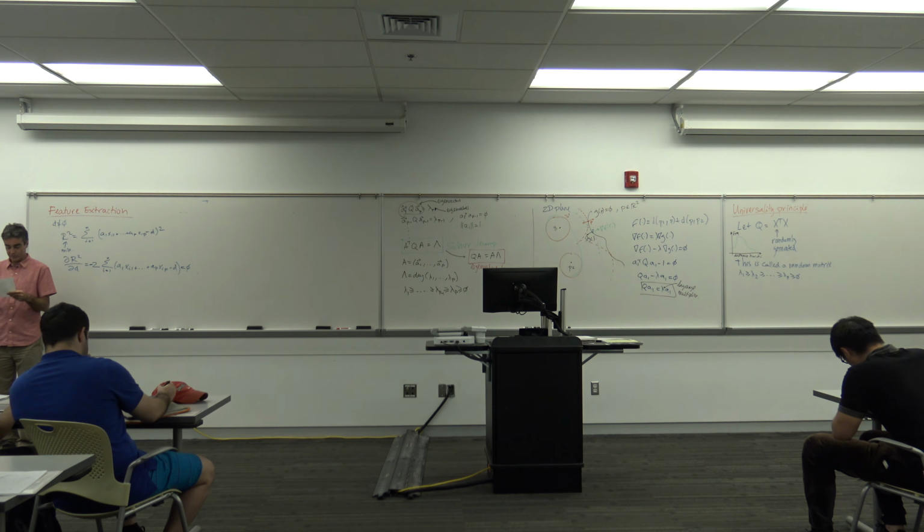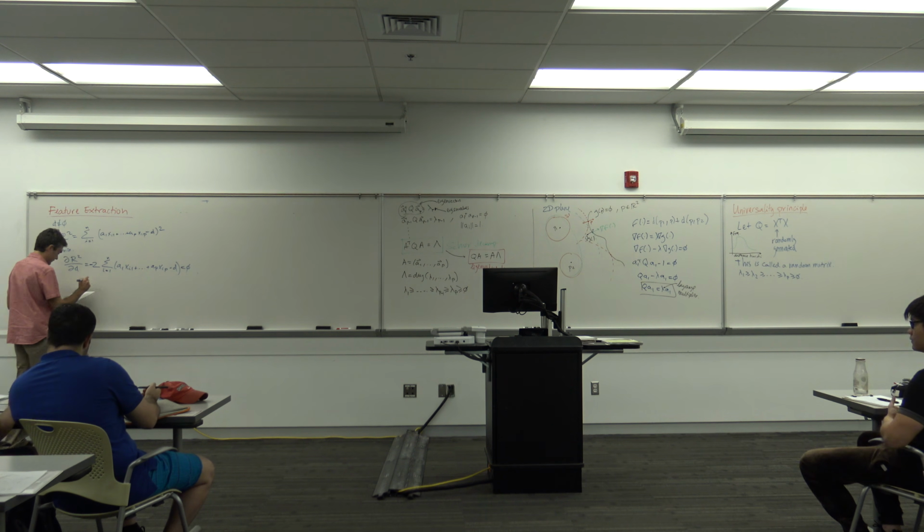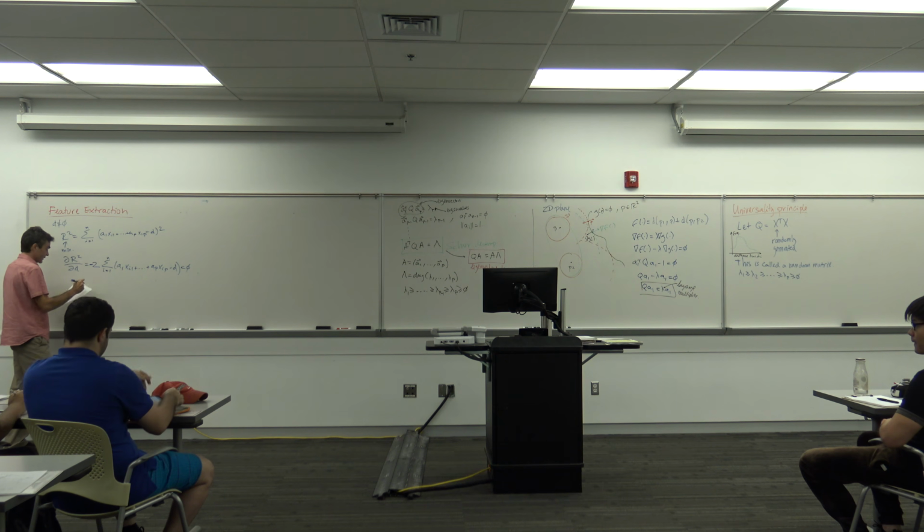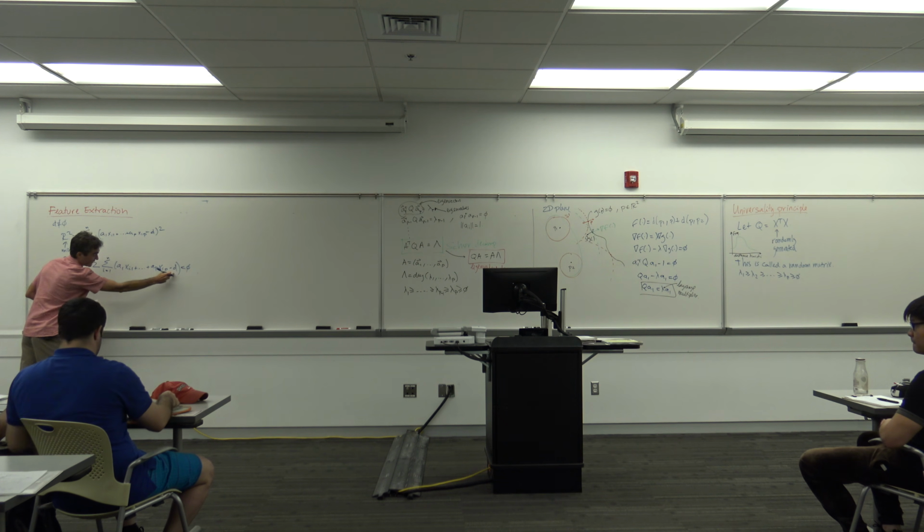And now I want to represent this in a compact form. So what I'm going to do is take this d out.